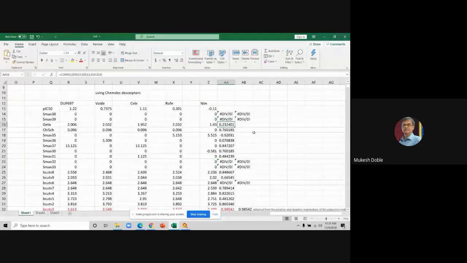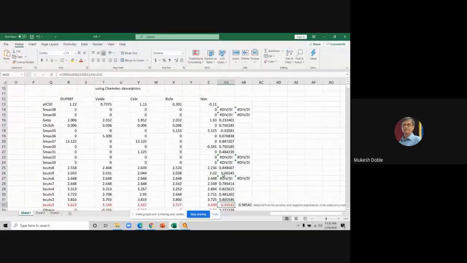So if you look at this one, this particular descriptor and activity is correlating with 0.23, which is very low, and this descriptor is correlating 0.76, and then we have 0.92, some very good numbers. Each descriptor has correlation with the activity. That is, this top row is giving different correlations.